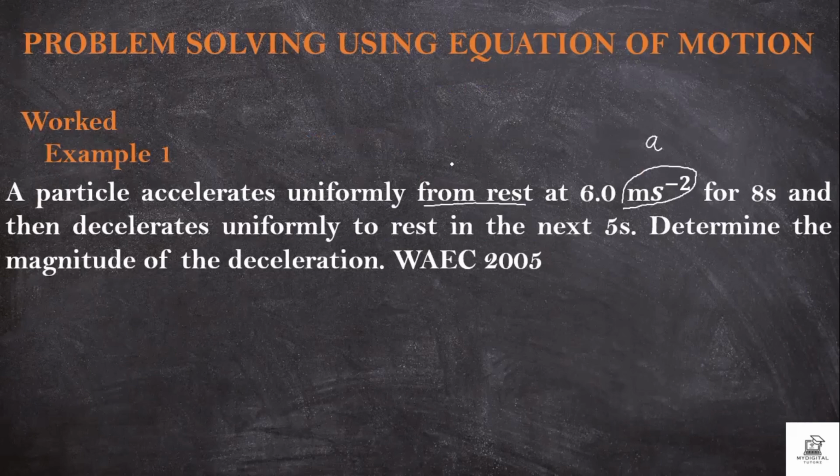Since it is from rest, it shows that u is equal to 0. For 8 seconds, that shows that this is time t. And then decelerates uniformly to rest. When it comes to rest, what happens? It shows that v is equal to 0.